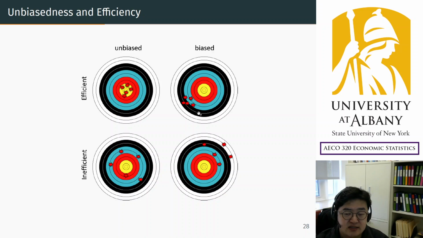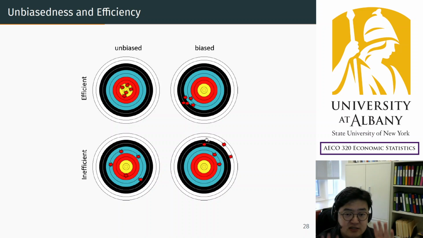Efficiency is okay. The variation is fine, it does not deviate that much. In that sense, that is good. But the center is not correct, so it is biased. And this is the worst, of course. The center is away from the bullseye, and also it moves a lot. So this is inefficient and biased. The worst outcome, the worst estimator.